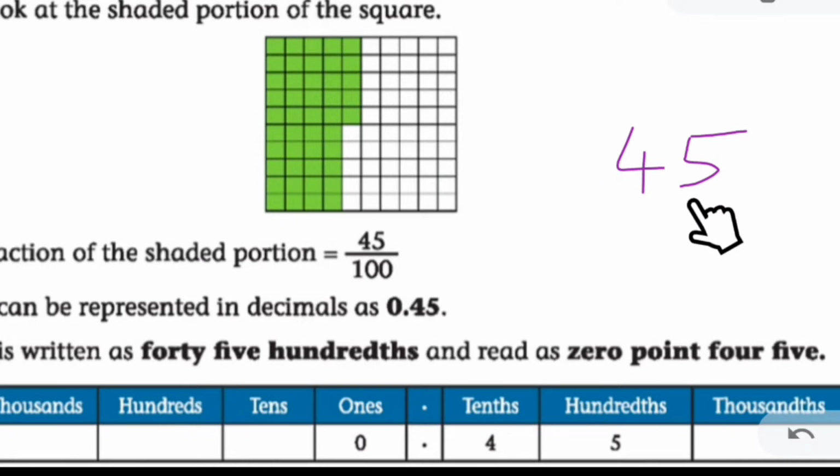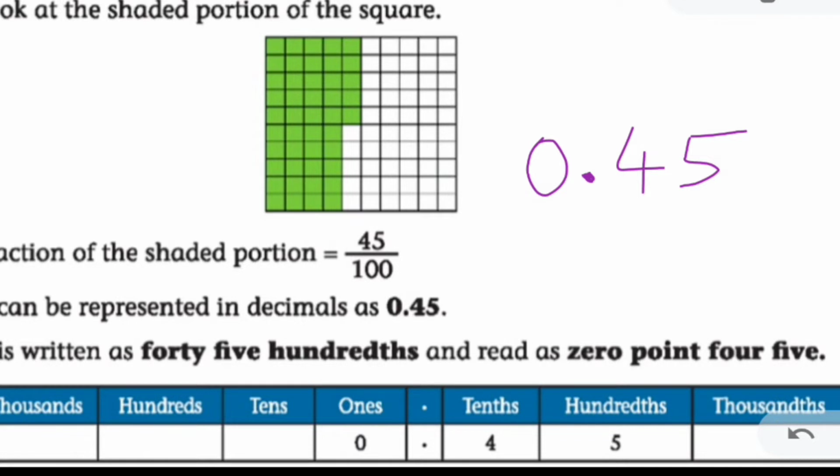You should count the digits from the right side. 1, 2, because 2 zeros. Count that many digits and put the point. That's all. 4, 5 is the decimal part and there is no whole part. When there is no whole part, we put 0. So 0.45. So this is the step.